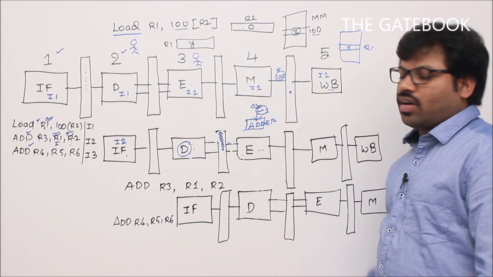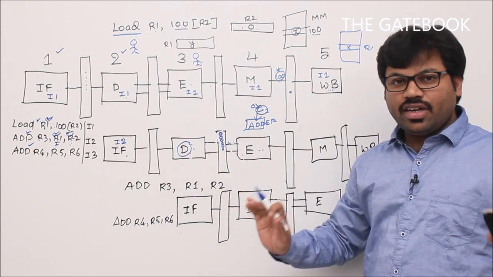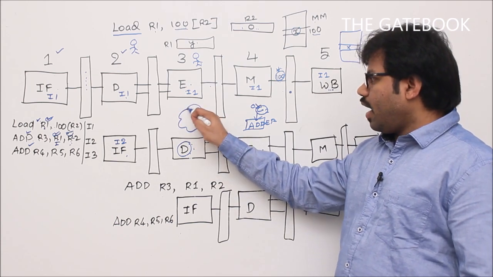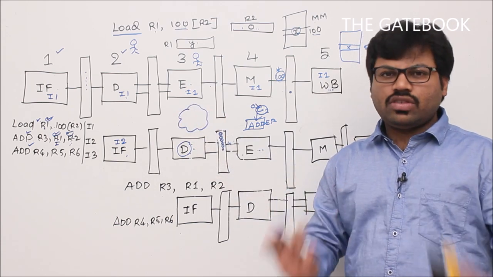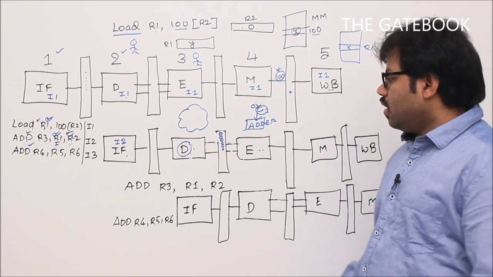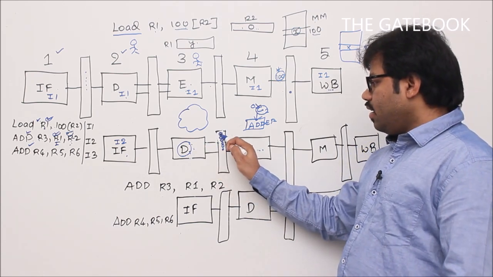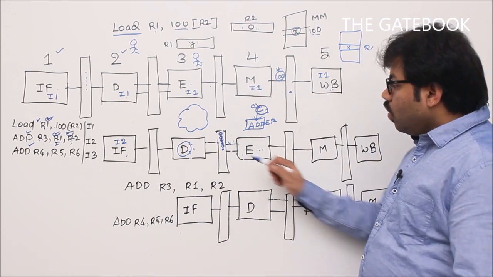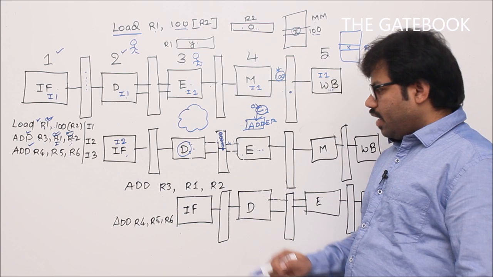Let us come to the fourth clock cycle. In the third clock cycle, because the hazard was detected by your circuit, and it realized that we need to stall the pipeline, this decode stage is sending all zeros to the next level, so that I2 will be affected, right? What happens, we'll see.